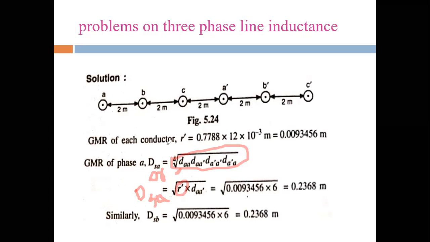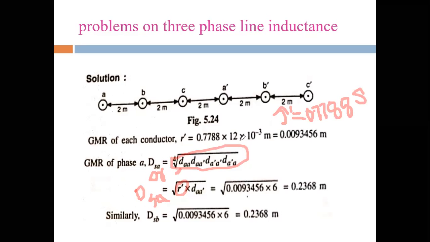What is the formula for r dash? r dash is the self GMR, geometrical mean radius. r dash is equal to 0.7788 into r. What is r?